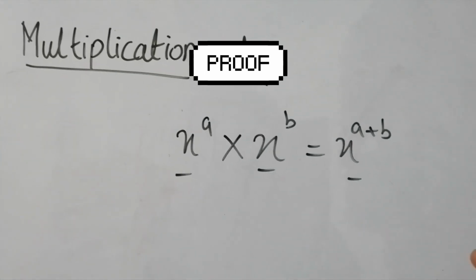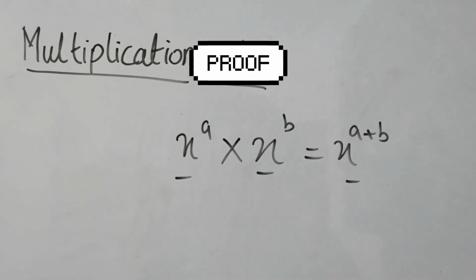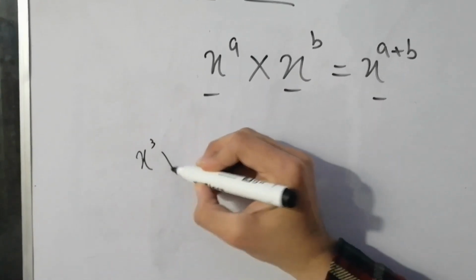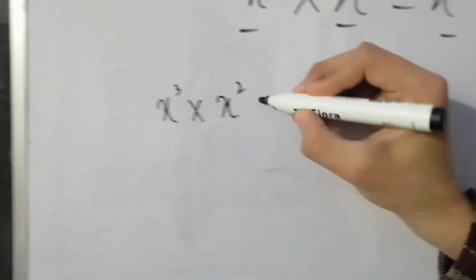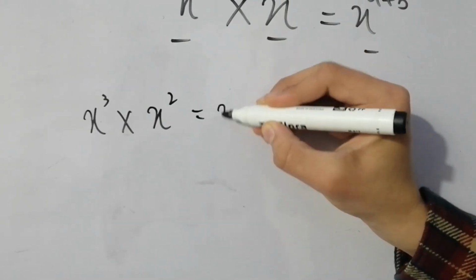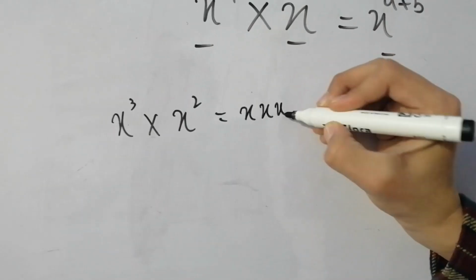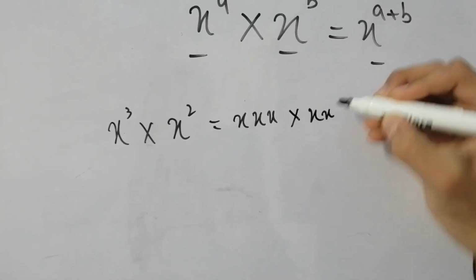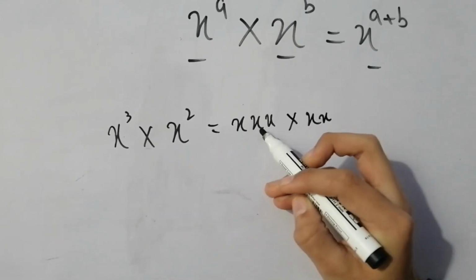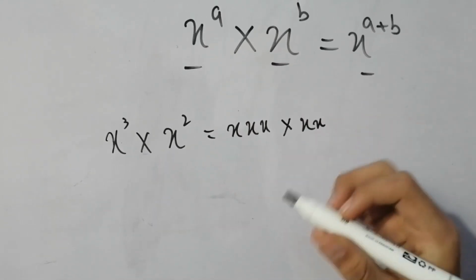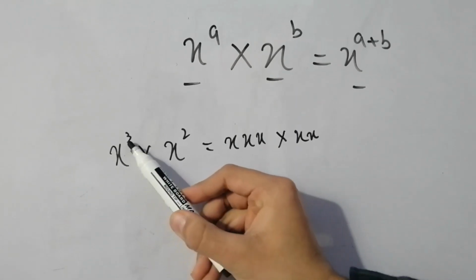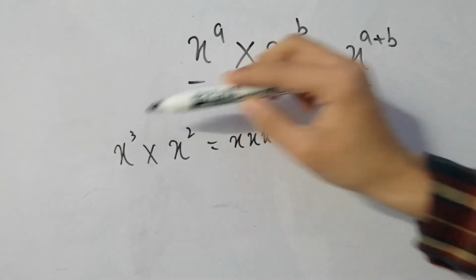Now I'm going to prove to you that this rule works. For example, if I write x power 3 into x power 2, I can write this as x into x into x, multiplied by x into x. So there's x power 3, 3 x's, and x power 2, 2 x's. We know that the indice implies that the number is being multiplied by the value of the power.